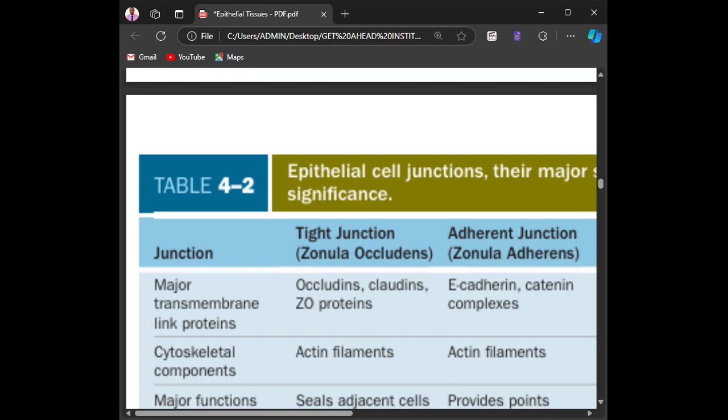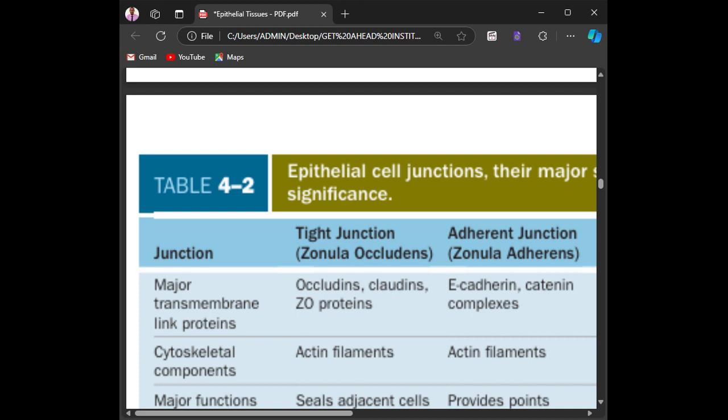Cell junctions occur, however, in large number in epithelial cells, in order to resist the physical forces which normally act on the cells. So we have four main types of these epithelial cell junctions.